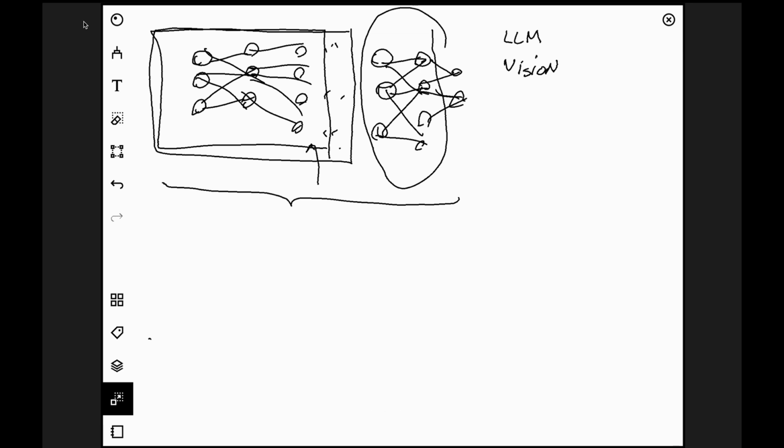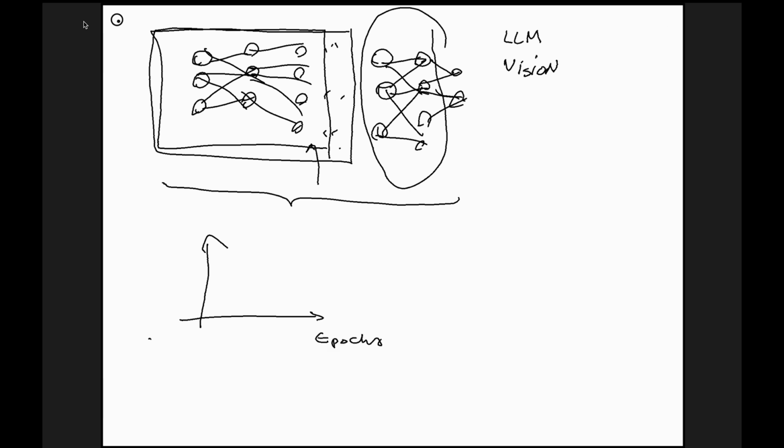So imagine this is your number of epochs, and this is your error. Let's say you use some lambda, and based on epochs it looks like this. You use another lambda, it looks like this. Another lambda, it looks like this. And all of a sudden, you use another lambda and it starts going up.